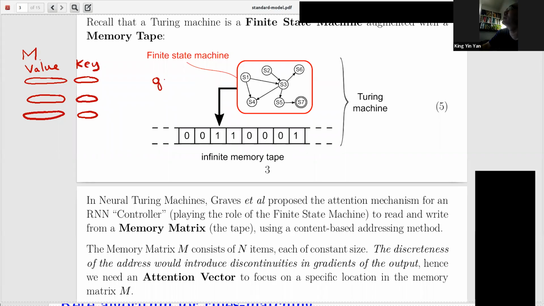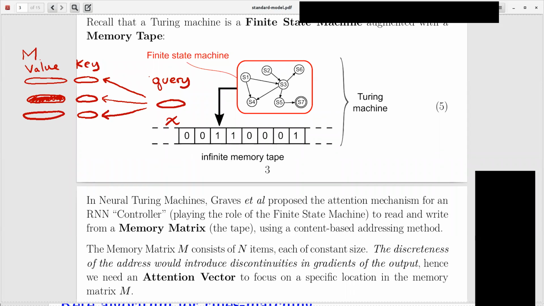The query is the X I just talked about, and I try to find the similarity between the query and the key. I compare the Q and the K and find the closest match. For example, if this is the closest match, then I return this value. Yeah, how can you define different sets of key value?